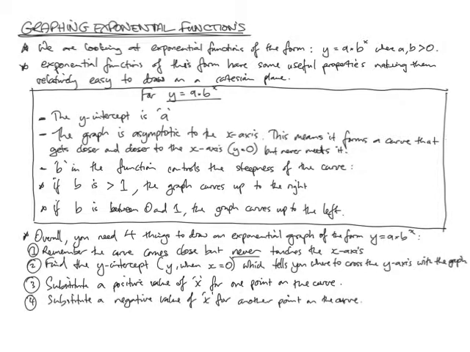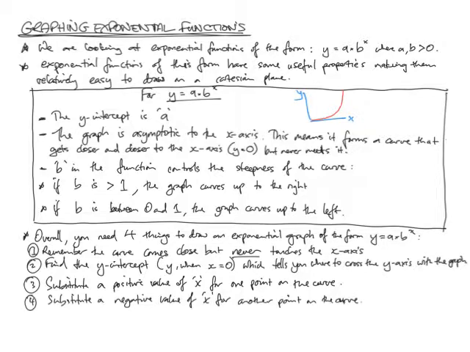So if I drew a curve here and I said it's asymptotic to the x-axis, it never meets the x-axis. It might curve like this and get closer and closer and closer, but never meets it. So all our exponential functions will be like that. They never meet the x-axis, so that helps us draw it.